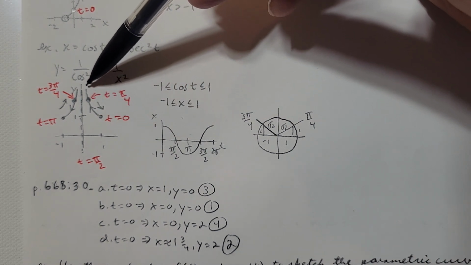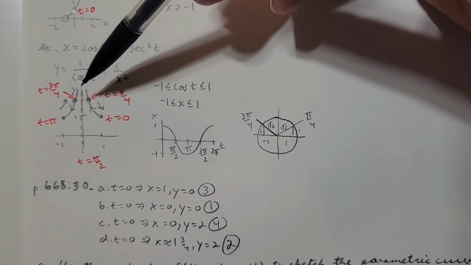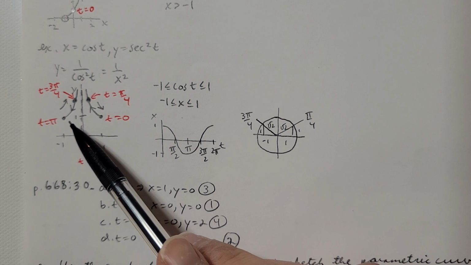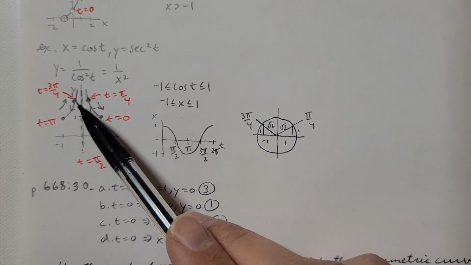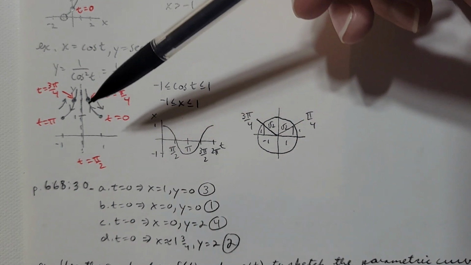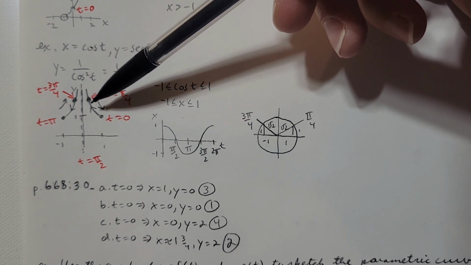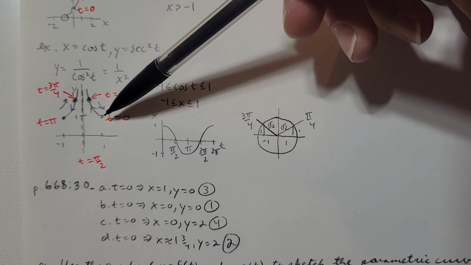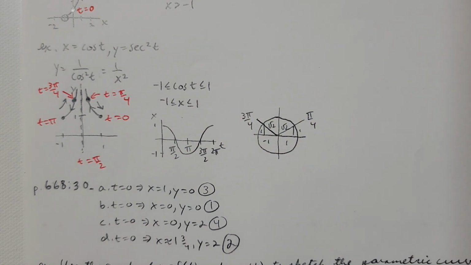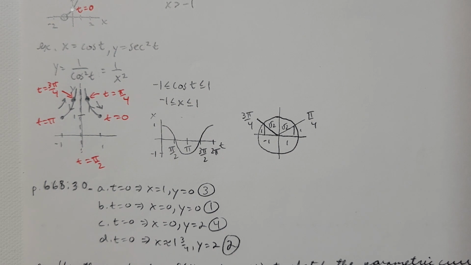You're going to come up the curve, and then after this asymptote, when t is pi over 2, you'll be heading down the curve, and you're hitting the point -1, 1. And then you'll head back up the curve, and then when you run into the asymptote when t is 3 pi over 2, you'll be to the right of the asymptote, and then you come down when t is 2 pi. So you're going to end up tracing out this curve infinitely many times. So that would be the graph of that curve there.